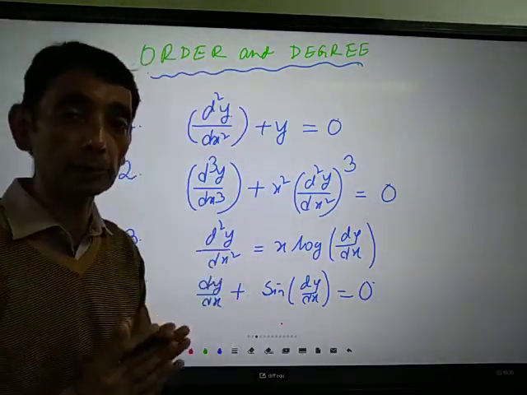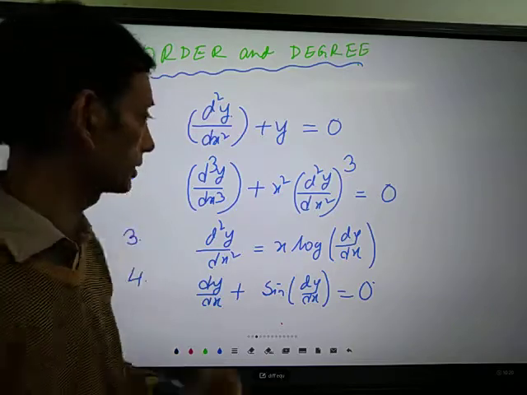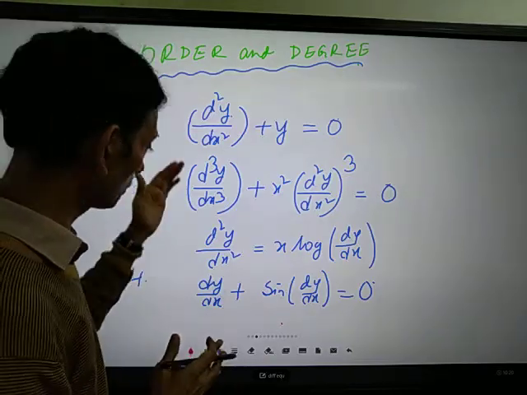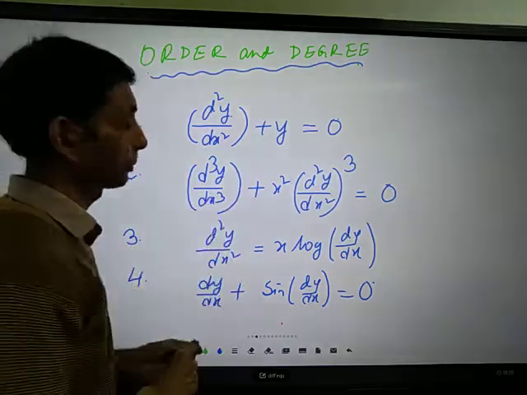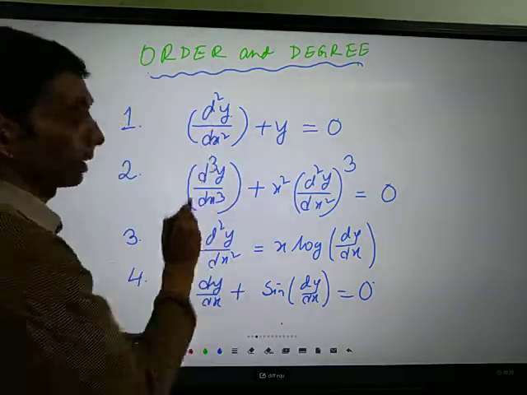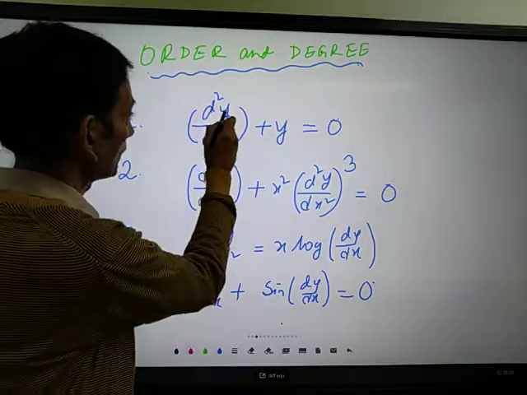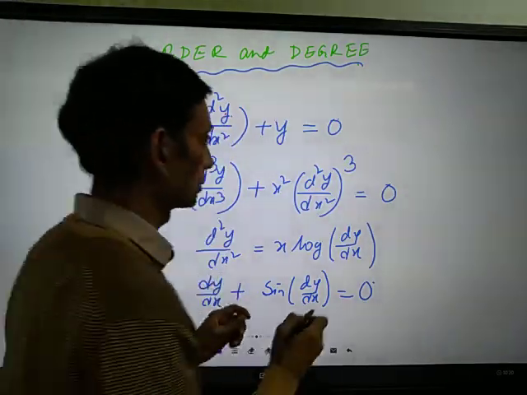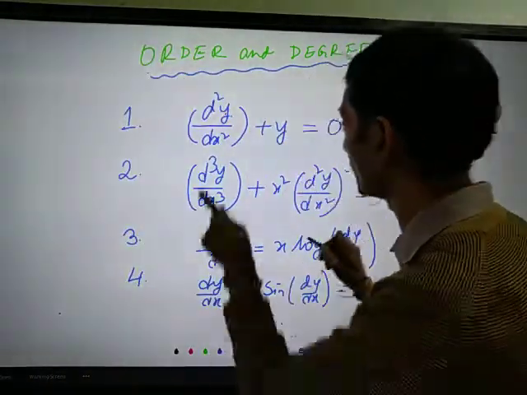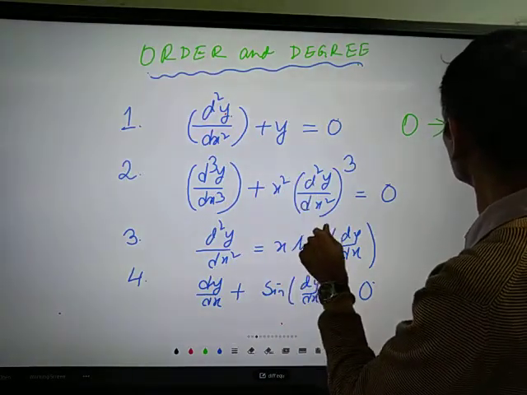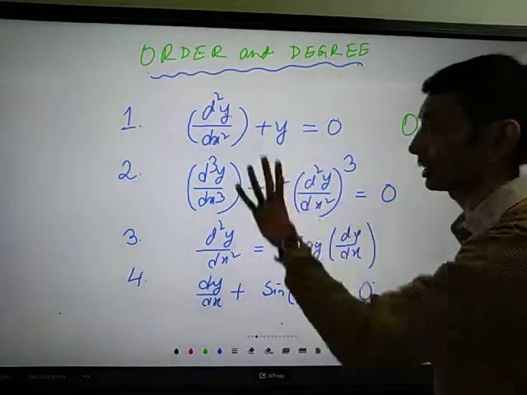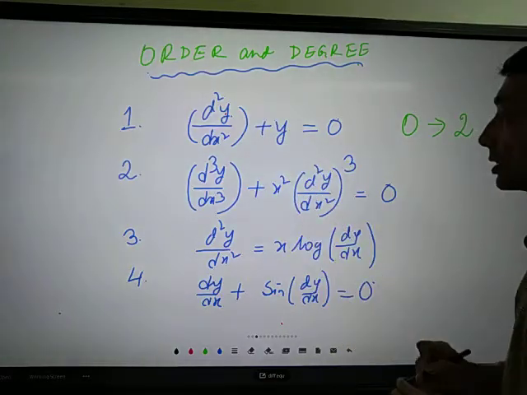Based on that definition, let us try to find the order of these differential equations. In this differential equation, clearly you are differentiating y two times, so the highest order derivative is 2 and the order is 2.